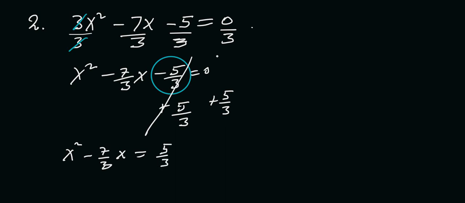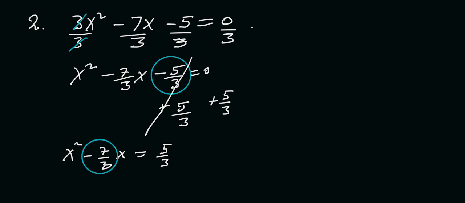So the second step is to divide the coefficient of x by 2, square it, and add to both sides. So the coefficient of x is negative 7 over 3. So if we divide that by 2, that's going to give us negative 7 over 6. So we are going to square that value and add it to both sides.